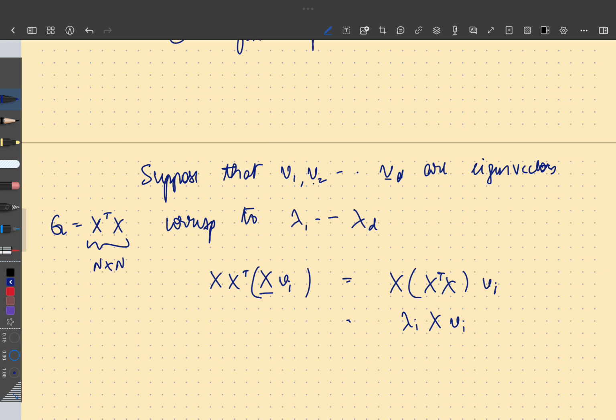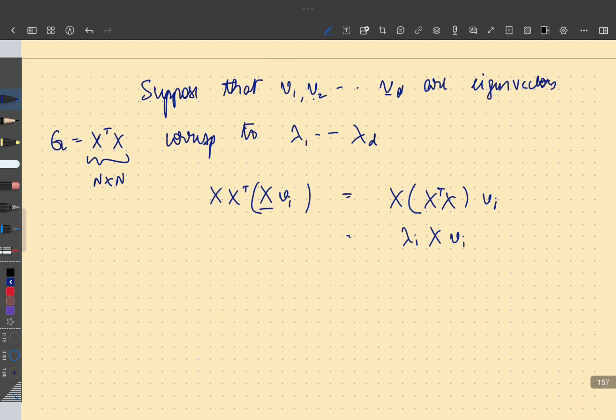So if Vi is an eigenvector of X transpose X corresponding to the eigenvalue lambda i, then X Vi is also an eigenvector, but for the matrix X X transpose, corresponding to the same eigenvalue lambda i.